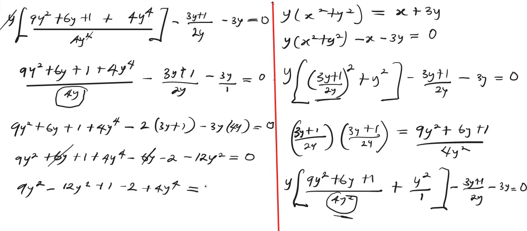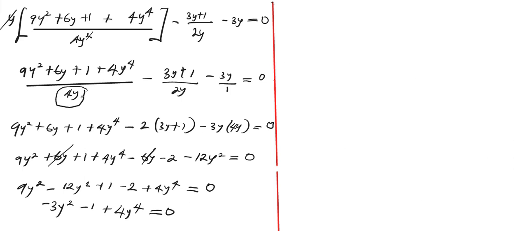So here now 9y squared minus 12y squared will give negative 3y squared, okay, and 1 minus 2 will give negative 1, plus 4y power 4 equals 0, okay. So let's continue on this part of the board, but we can rearrange this equation and we have 4y power 4 minus 3y power 2 minus 1 equals 0, okay.